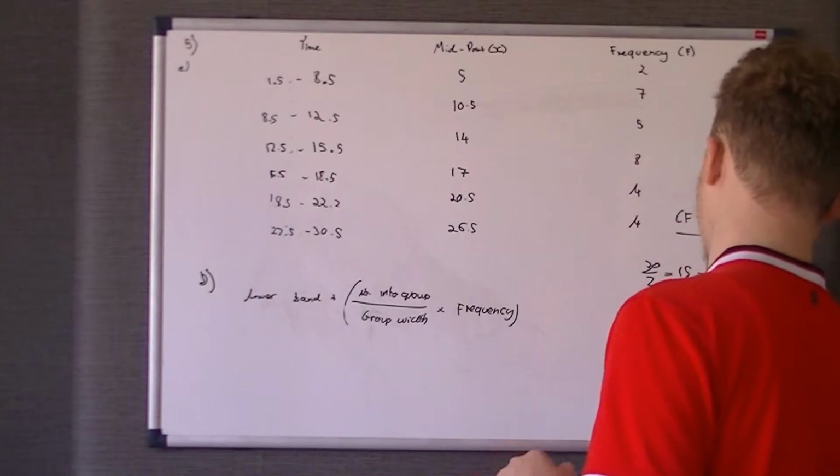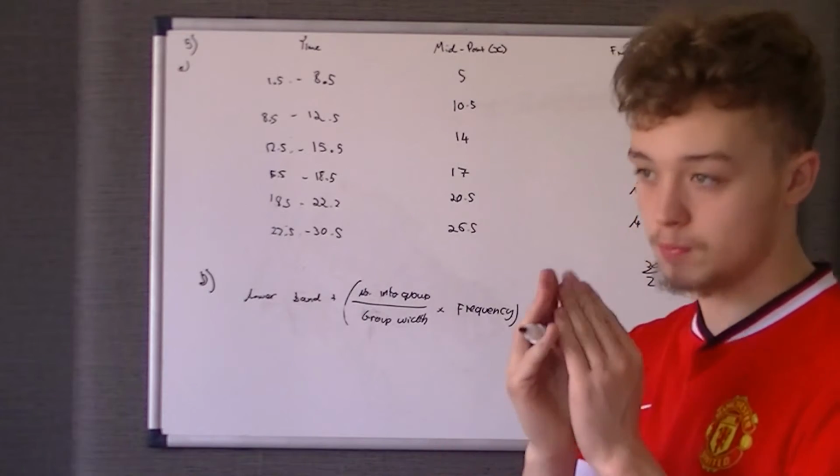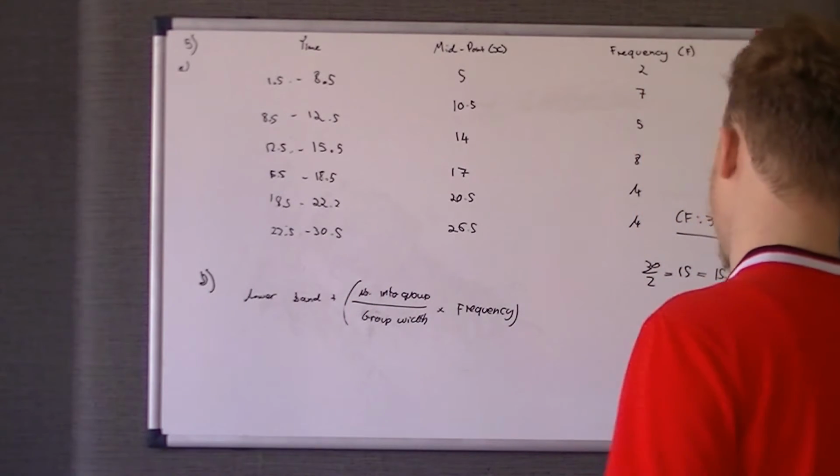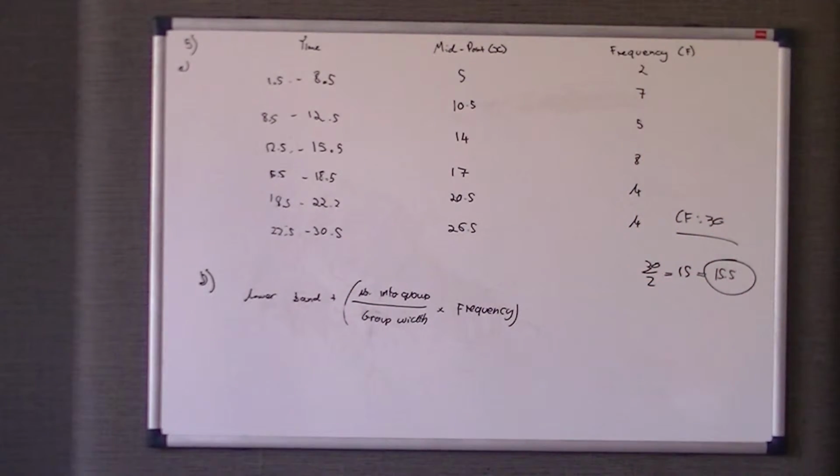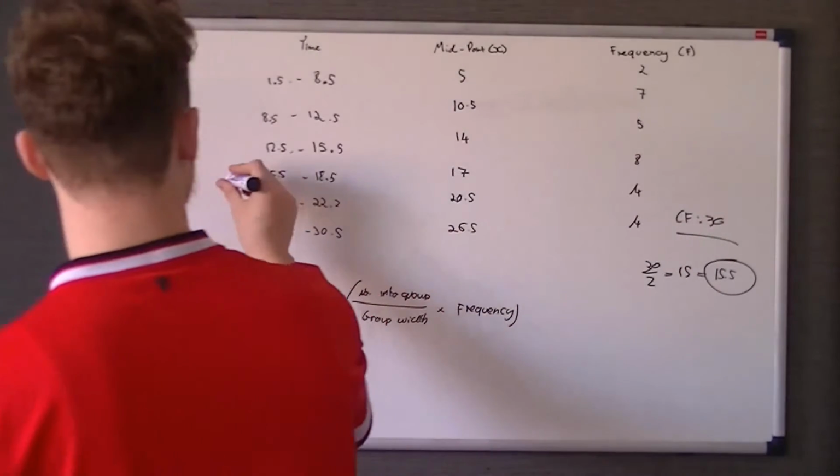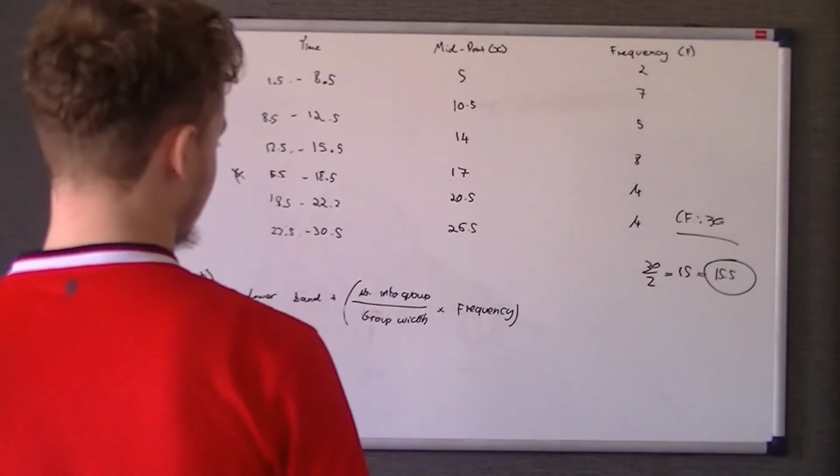If you were to pick out 15.5 and split there, you would have exactly the same amount of numbers on either side. Obviously they wouldn't really exist, but you get the idea. So it's the 15.5th number, and we look where it would occur. The 15.5th number is 1.5 units into the 15.5 to 18.5 group, so it's in the group that I've just started there.